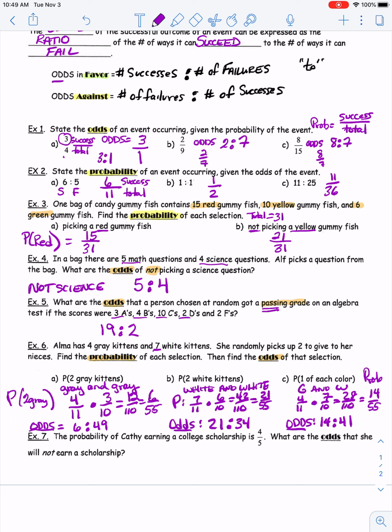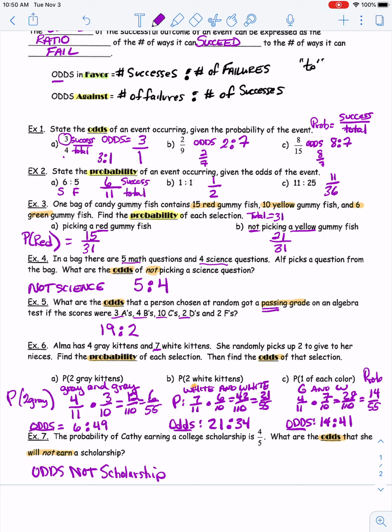One last example. The probability of Kathy earning a scholarship is 4 to 5. So what are the odds that she will not earn a scholarship? You have to think about this one.